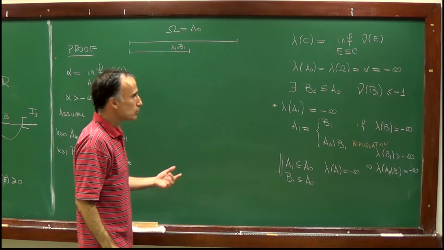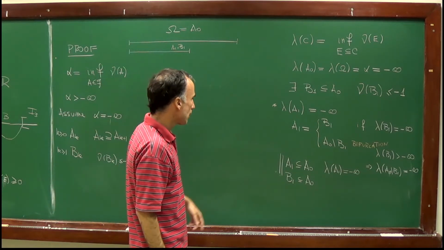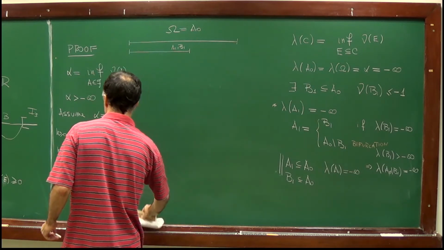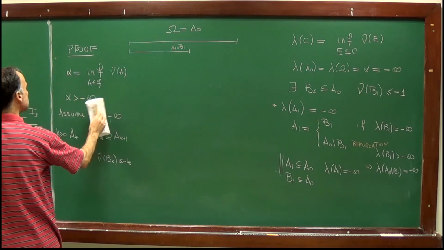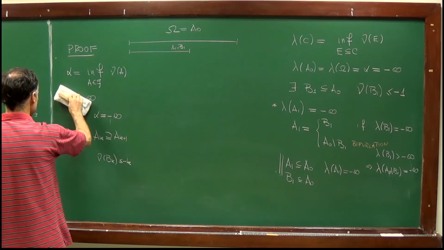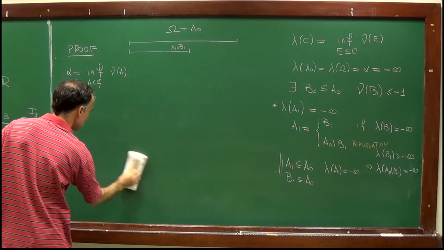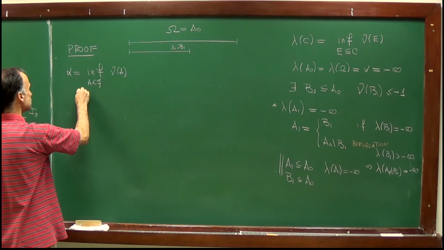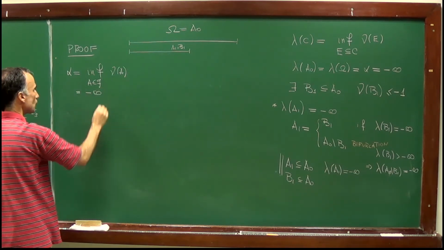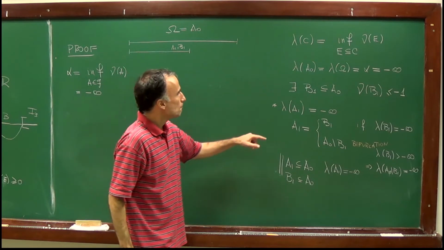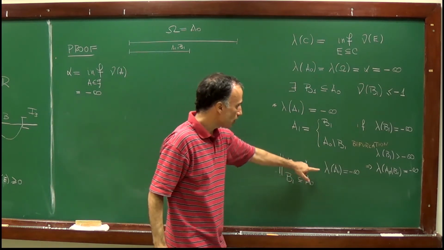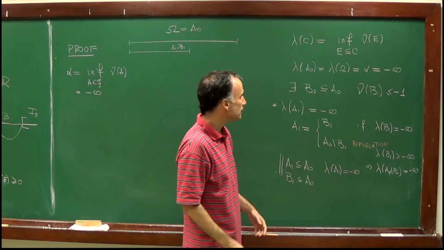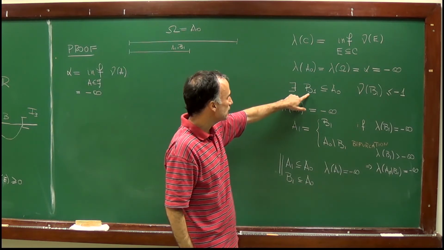And now we will construct b2. We know that lambda of a1 is equal to minus infinity, so we can find a set b2.